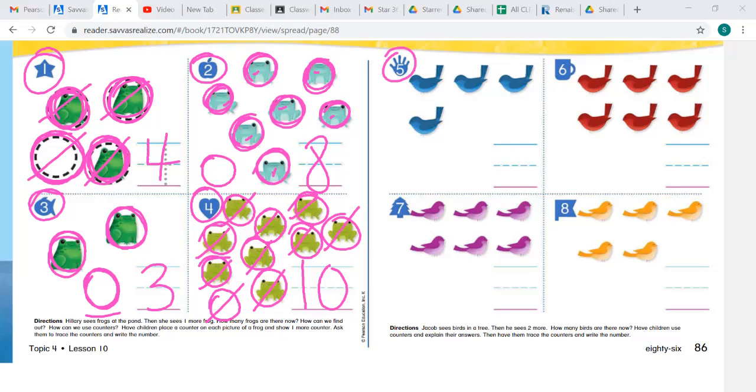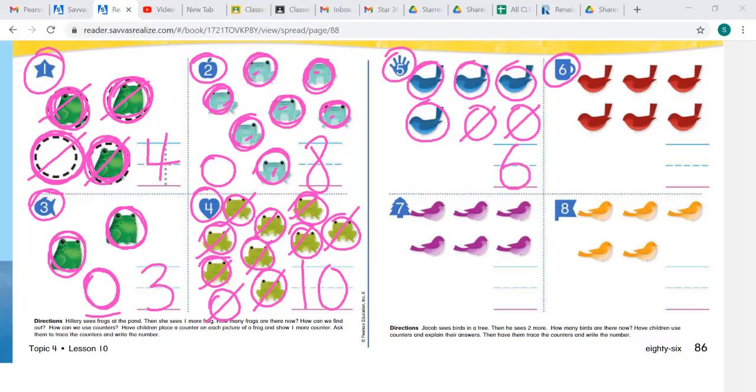So he sees these birds, let's count them and put counters over them. 1, 2, 3, 4. So he sees 4 birds in a tree, and then he sees 2 more. What comes after 4? So we go 4, 5, 6. We have 6 counters to show how many birds.